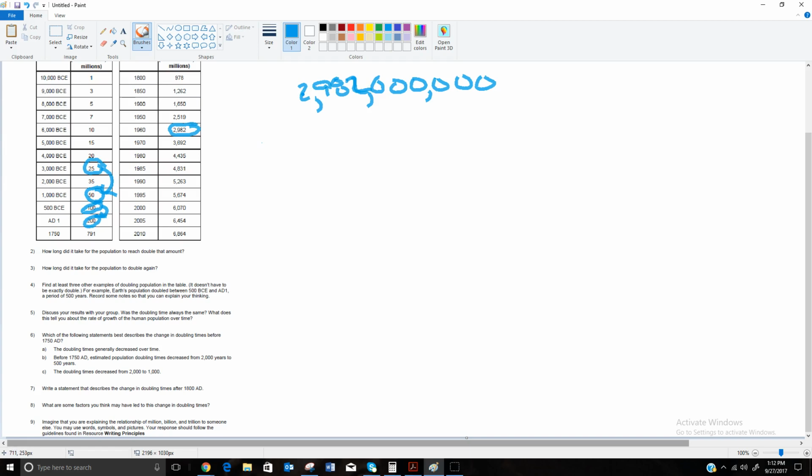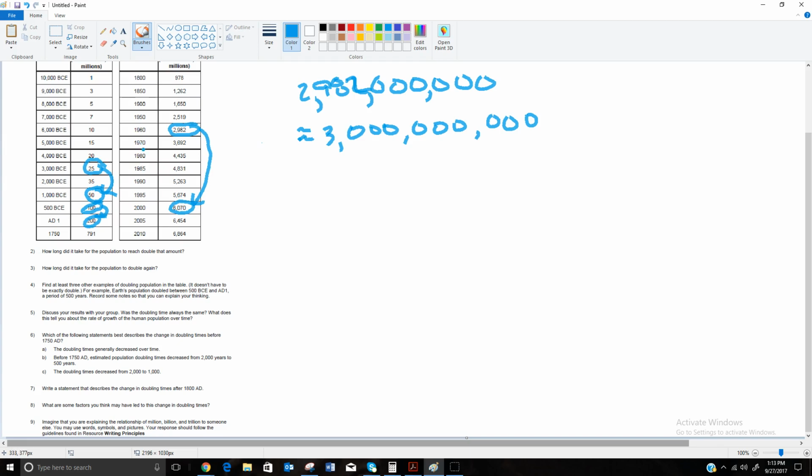So this here is 2,982,000,000 people in 1960. So if you say, well, that's roughly 3 billion people, then we're looking for it to be roughly 6 billion people, which would be about here. Okay, and it's not perfect, but that's how long it took to be close to double from what's in our table. So how long did that take?